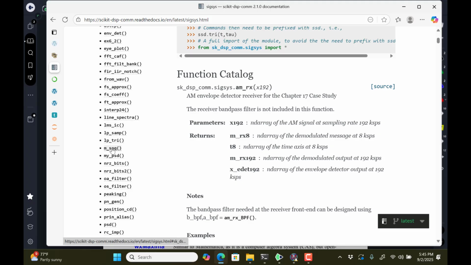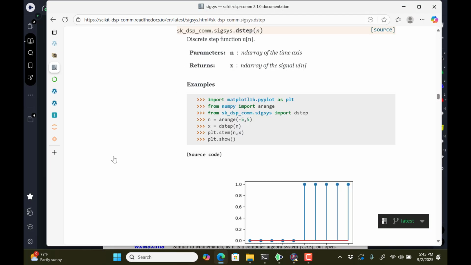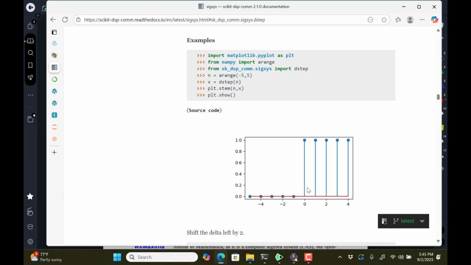We were looking at dstep, so dstep is right here. It gives you some examples of how to use it, and so on.